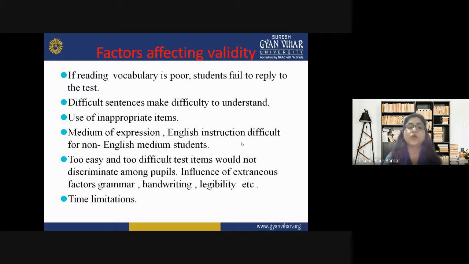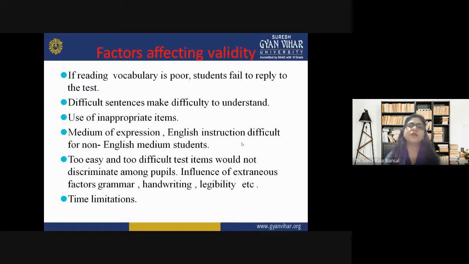Then next, more important, medium of expression. English instruction is difficult for non-English medium students. So there is some language problem in India. We study the English language as a foreign language in Indian classrooms, and everybody is not very comfortable with the English language, or maybe it is vice versa with the Hindi language.